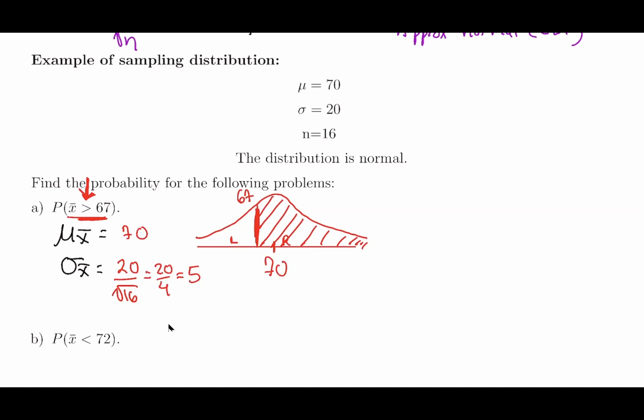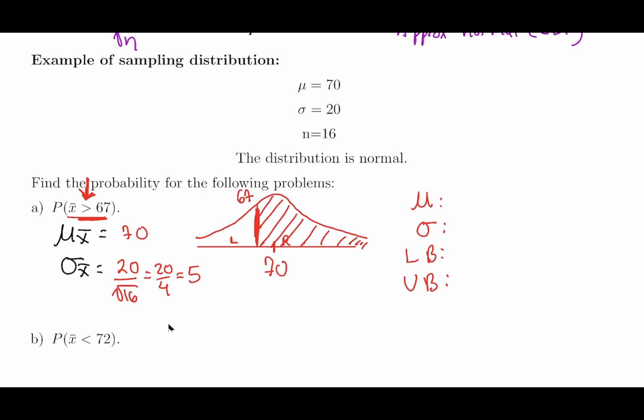Up next, we're going to figure out how we enter this in the calculator. The calculator is going to ask you for four things: mu, sigma, the lower bound, and the upper bound.